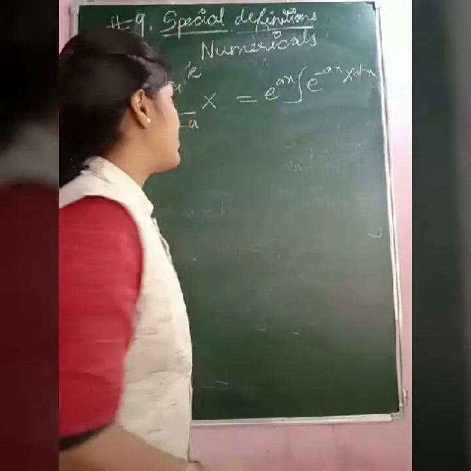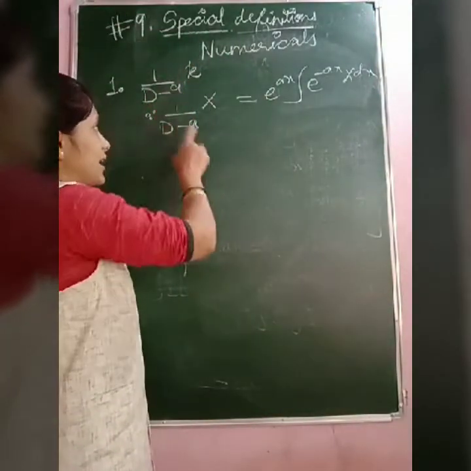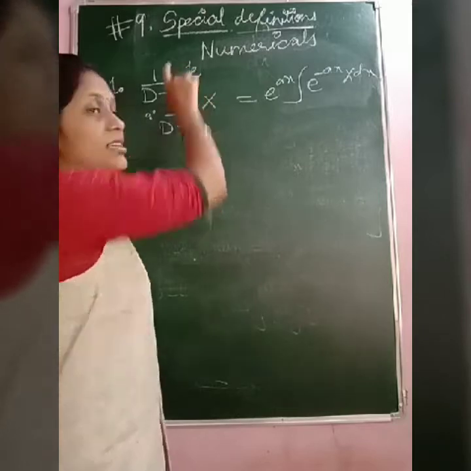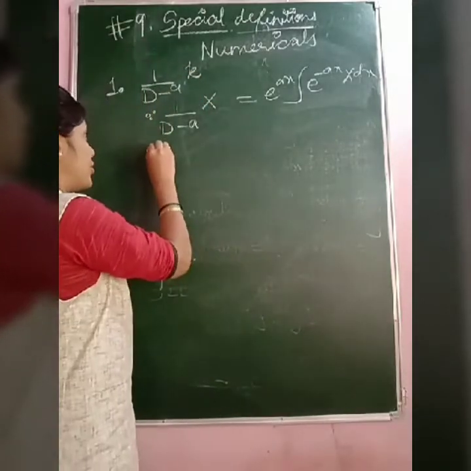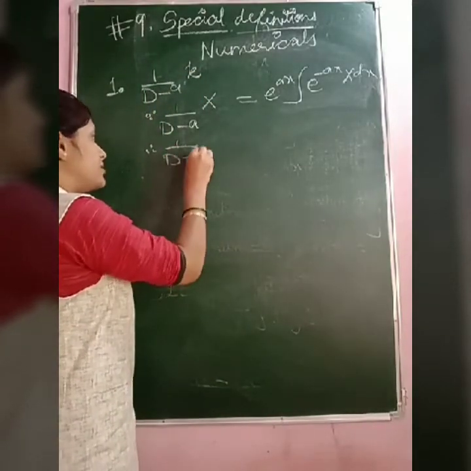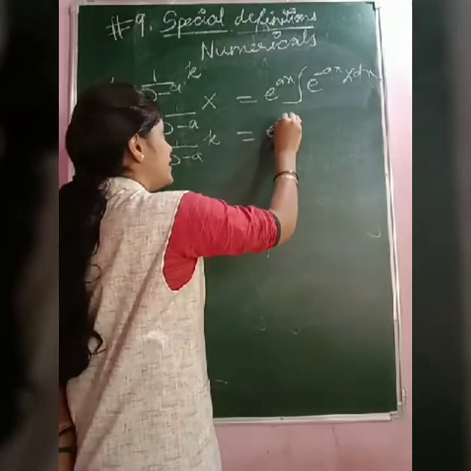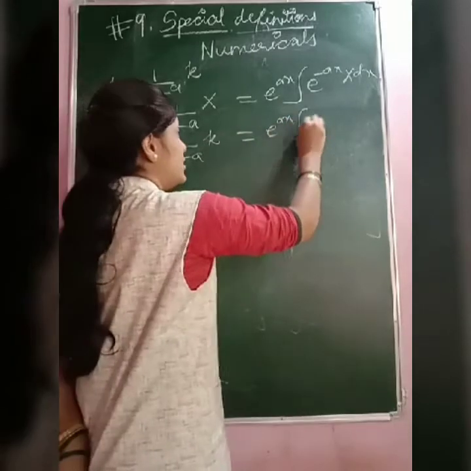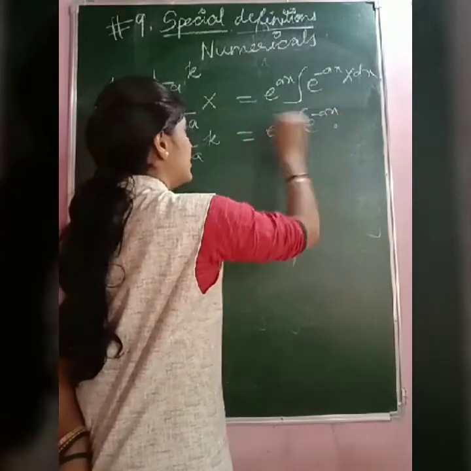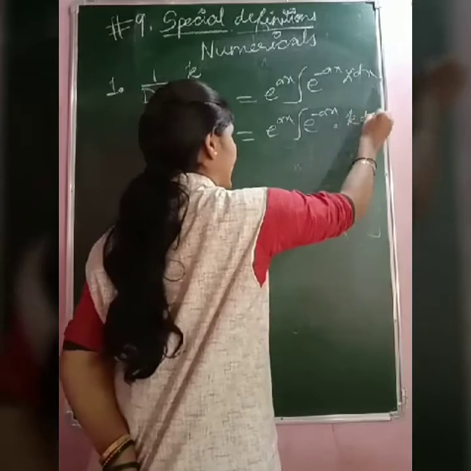So for this example, a is nothing but a and X is nothing but k. Therefore, 1 by D minus a of k can be written as e raised to ax, integration e raised to minus ax, k dx.